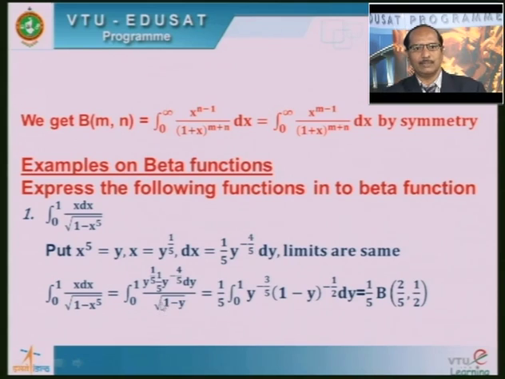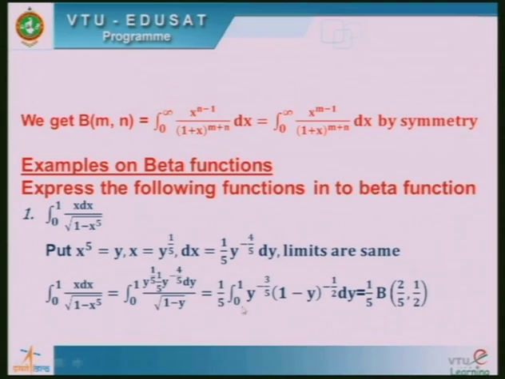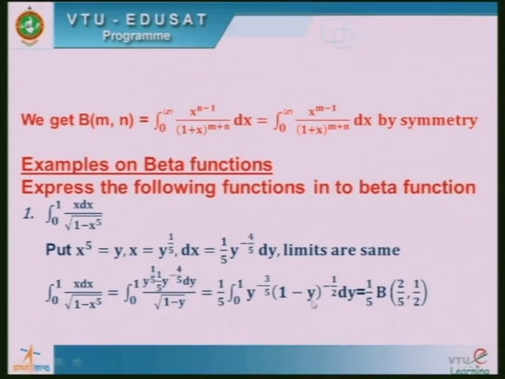In the denominator, the 1 minus y power is half. Remove the square root here: 1 minus y to the power 1 by 2. So, in the numerator, it is minus 1 by 2. So, this is coming closer to our definition of beta function. Beta function is x to the power m minus 1, 1 minus x to the power n minus 1. So, it is closer to the beta definition.